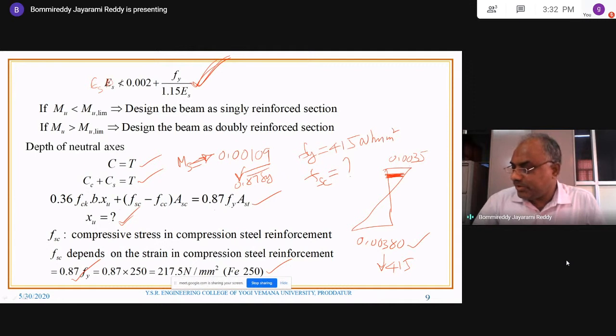But you can observe at the top 0.0035, here definitely the strain will be more than 0.00109. So that's why if the steel is mild steel, without any hesitation, fsc can be taken as 0.87 times fy. Whereas if you consider Fe 415 or Fe 500, the value is not 0.87 fy, it is depending upon the magnitude of the strain. That we will see a little later.